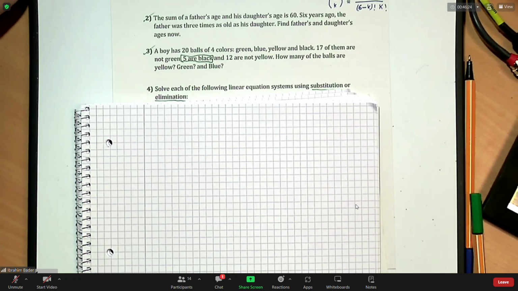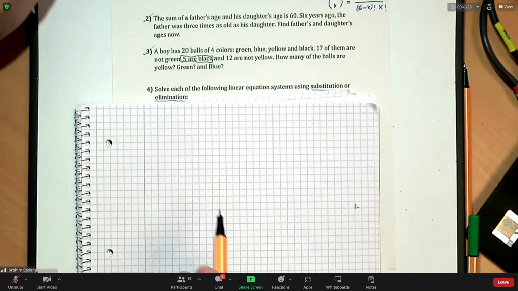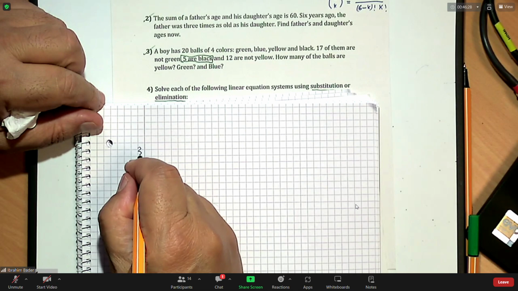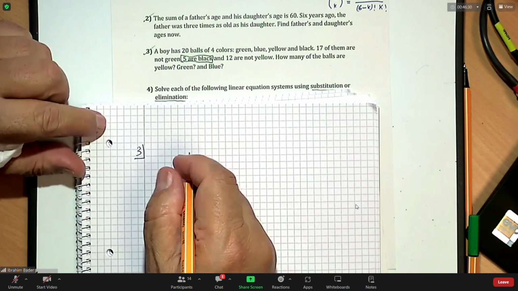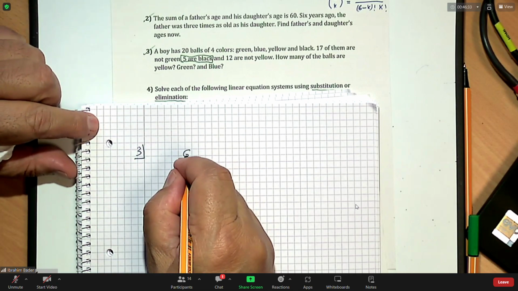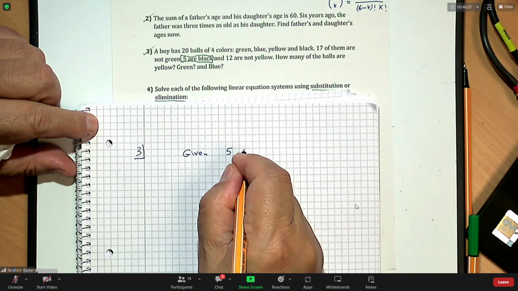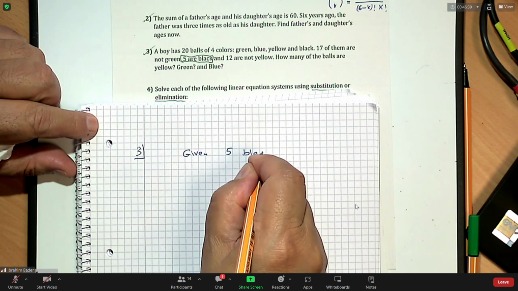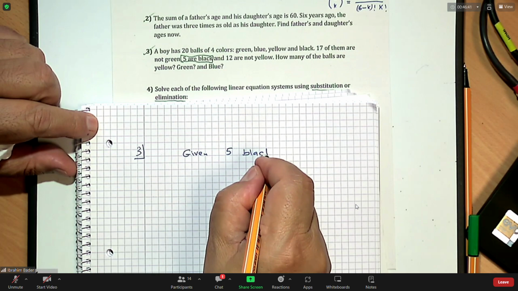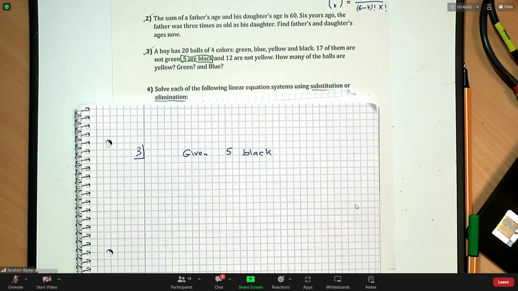So let's see question number 3. It says here, okay, it's given we have 5 black balls.